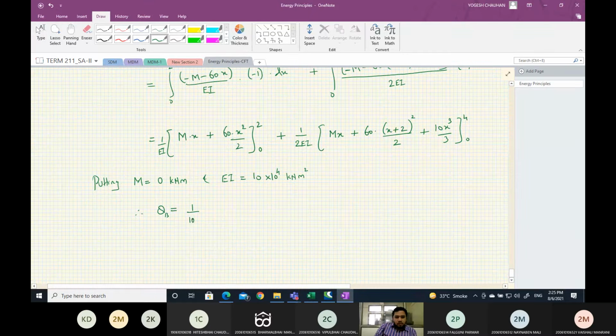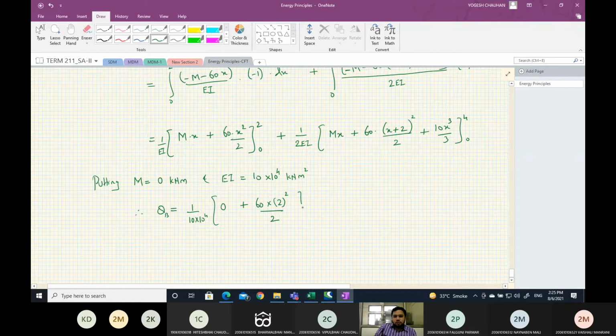So it will be 10 into 10 to the power 4 into bracket, this m will be 0, so this will be 0 plus 60 into 2 square by 2.